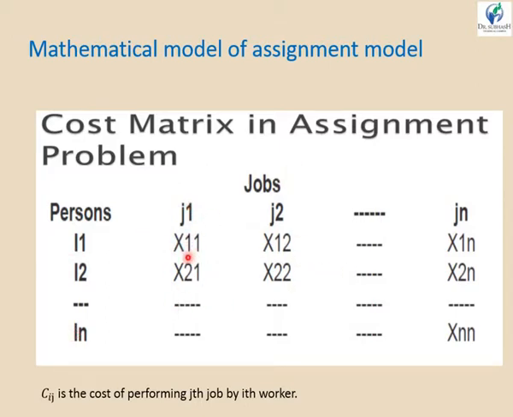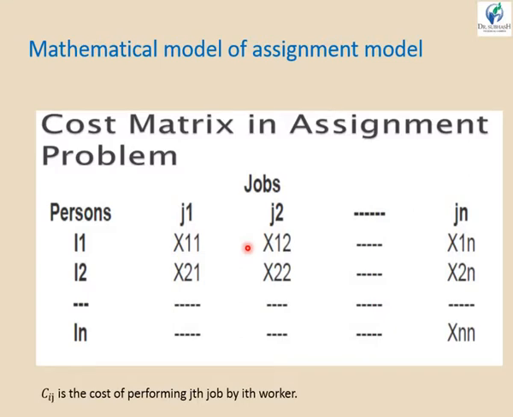This is x11, which stands for the number of units that can be assigned. So this is a general table. Cij is the cost of performing the jth job by the ith worker. As we had seen on our first slide in the introduction of the assignment problem, this assignment problem is based on a one-on-one basis.